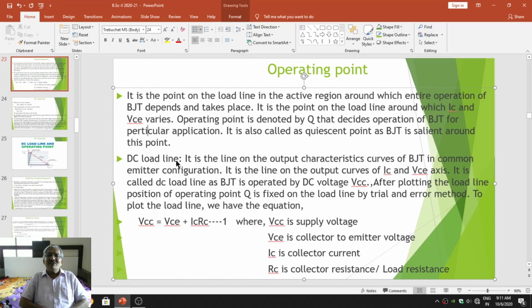And the straight line obtained by joining those 2 points on the output characteristic curve is called the DC load line.